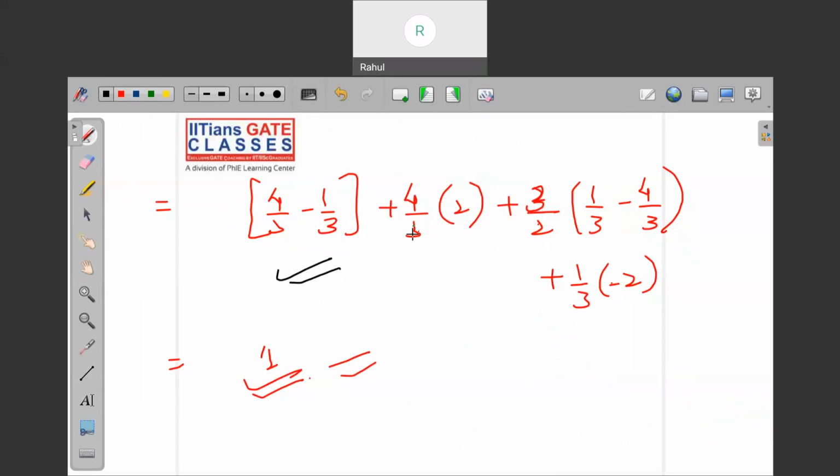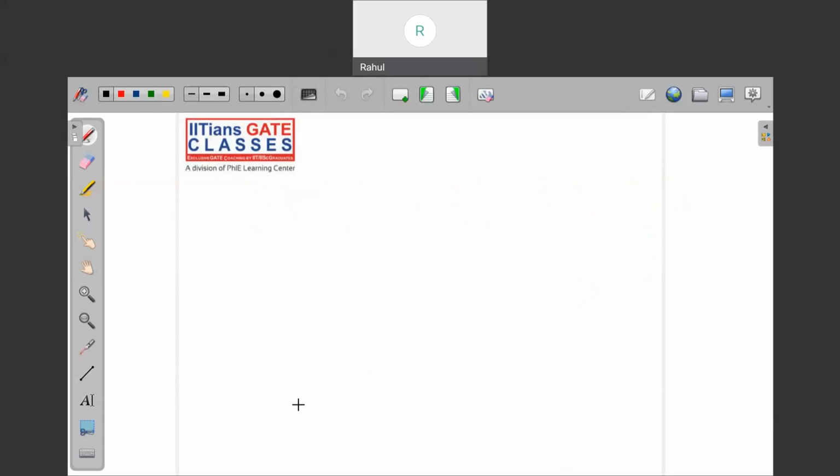Once you solve this, it will be giving this. You have to calculate the line integrals.